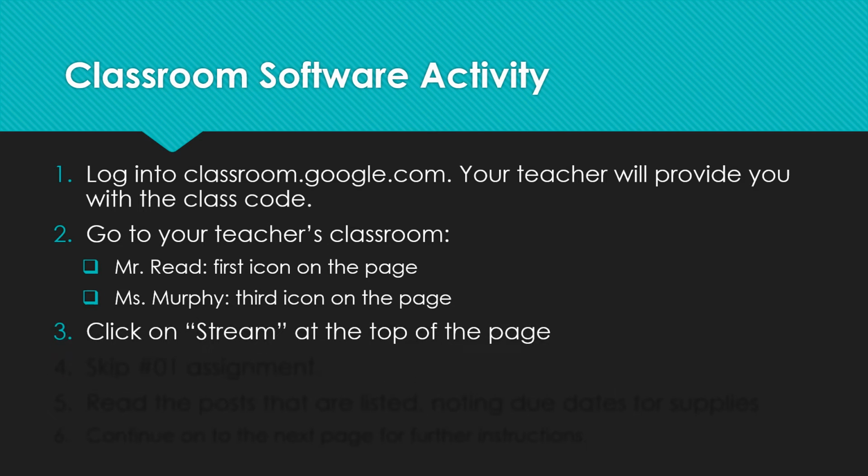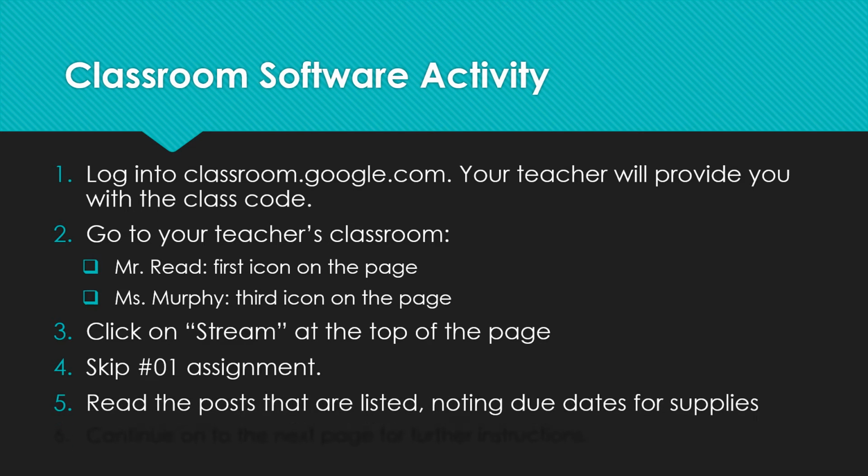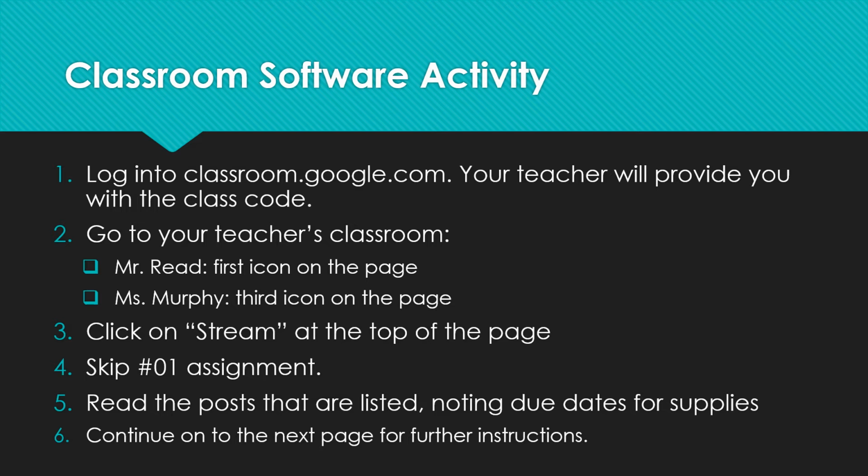Once the home page opens, click on Stream at the top of the page. Skip Assignment 1. Read the posts that are listed, noting due dates for supplies. Continue on to the next page for further instructions.